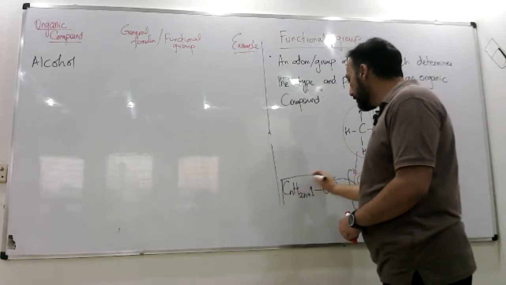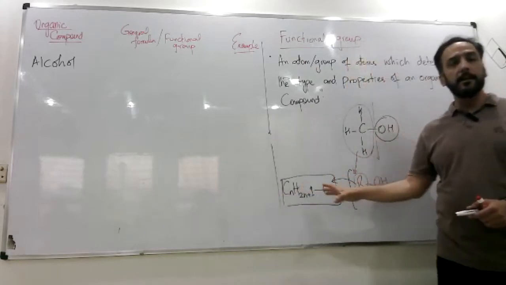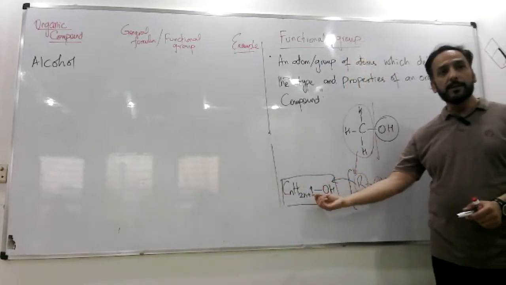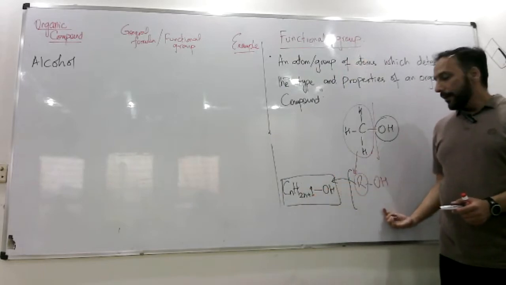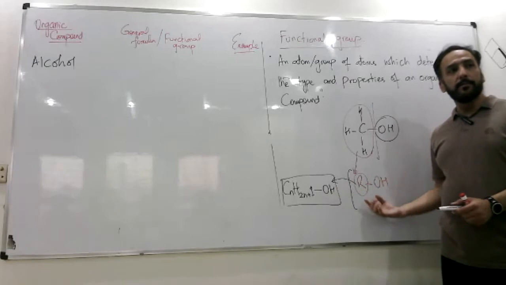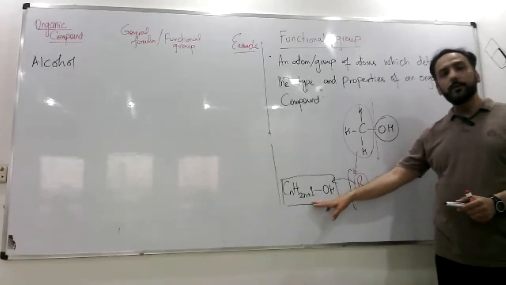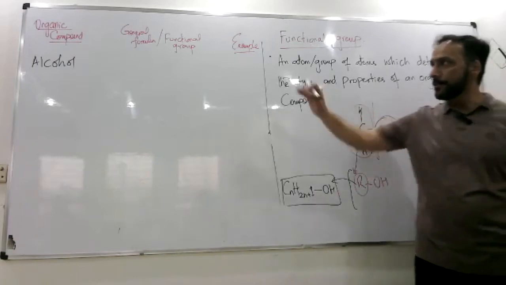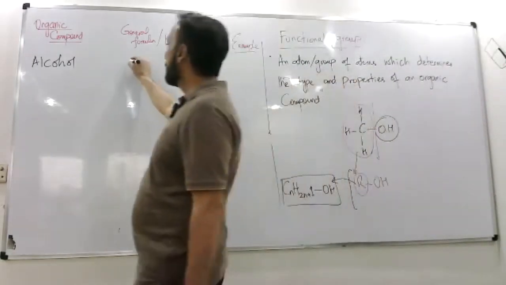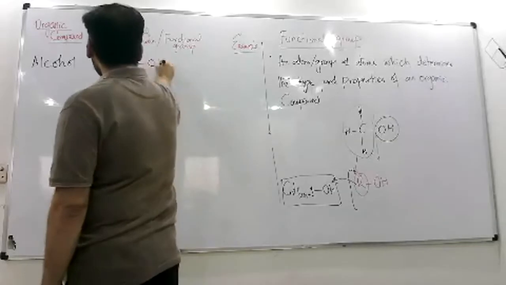This is the complete general formula. See, it takes a lot of space and it's big, so instead of opening it up, we write ROH. Both are the same. In O level we recommend that you open it up and write it complete, okay? But let's save the space here and write ROH.